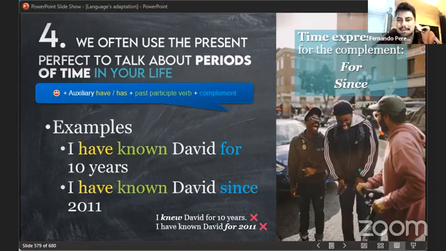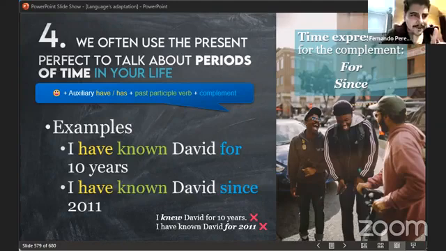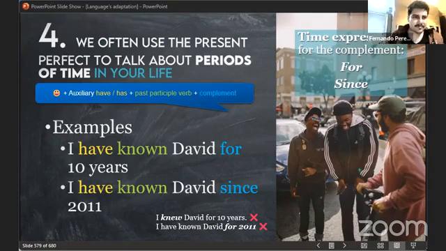Since when have you learned English? Wait. Let's substitute learn, because learn is only one time. It's more like study. Study is a period of time, but learn is only one time. So you need to select the verb correctly.